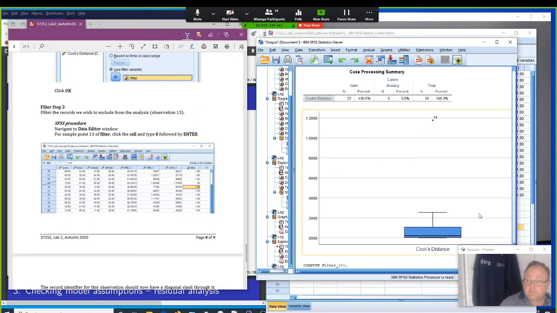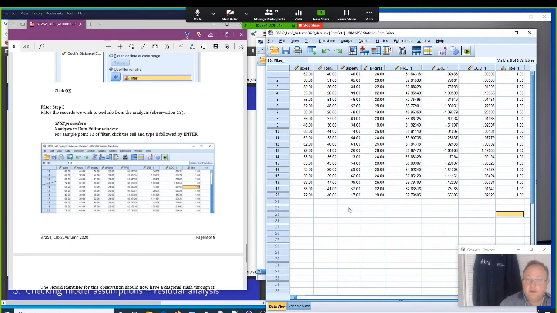If we go back to our data editor window and see the impact of what we've done there, if we go along to observation 13, this is this guy here. Now if I go into my filter column and make that a 0, you'll notice straight away that it's crossed out.